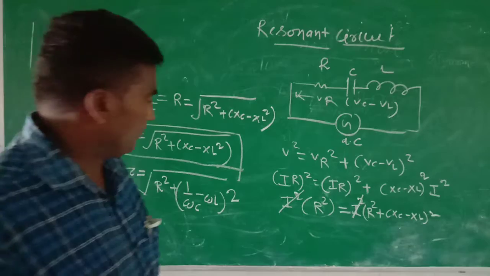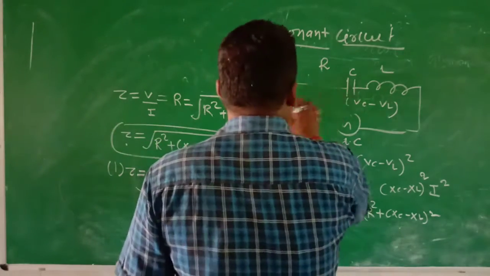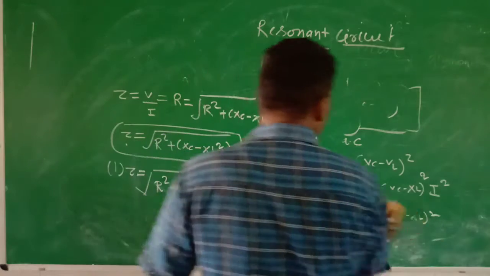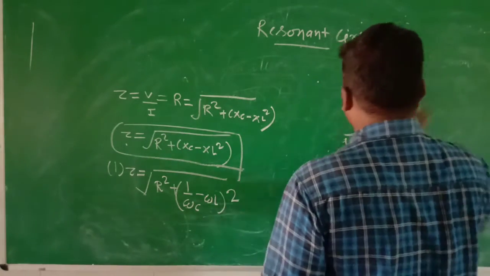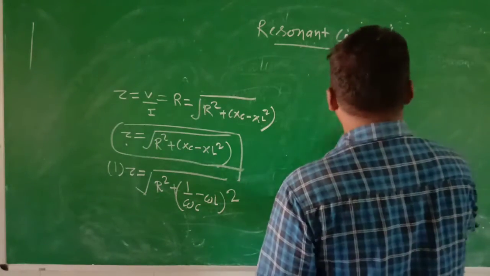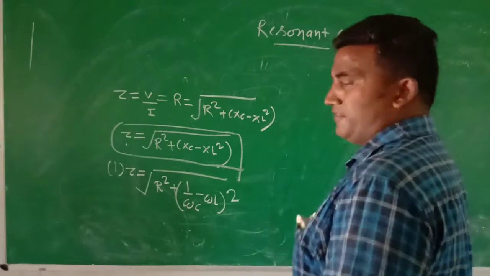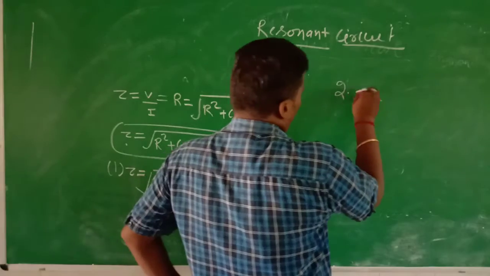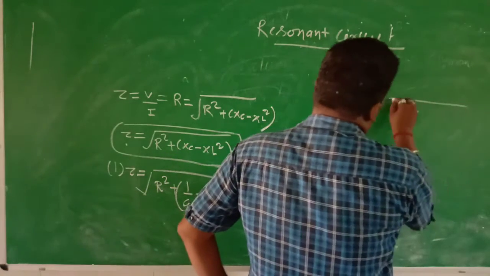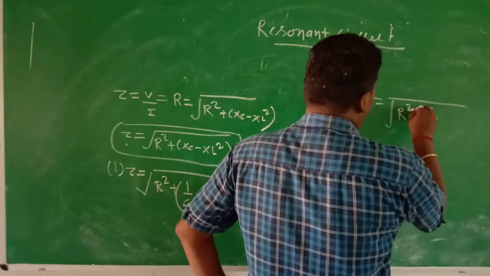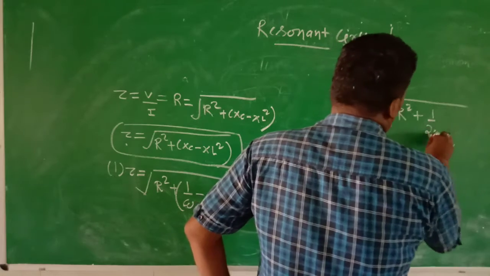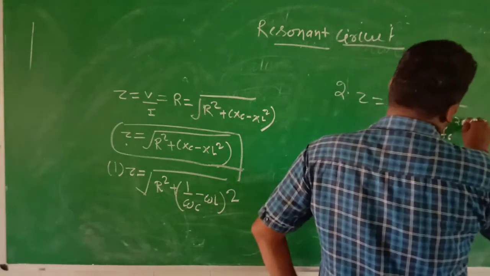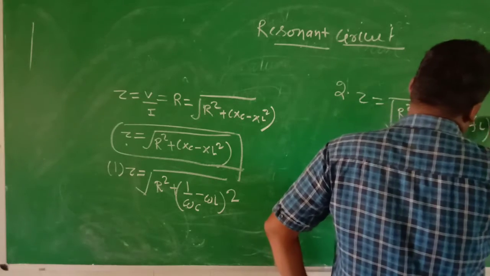Now we identify the impedance in terms of linear frequency, then the components change. The second form of impedance in terms of linear frequency is root of R square plus (1 by 2 pi FC minus 2 pi FL) whole square.